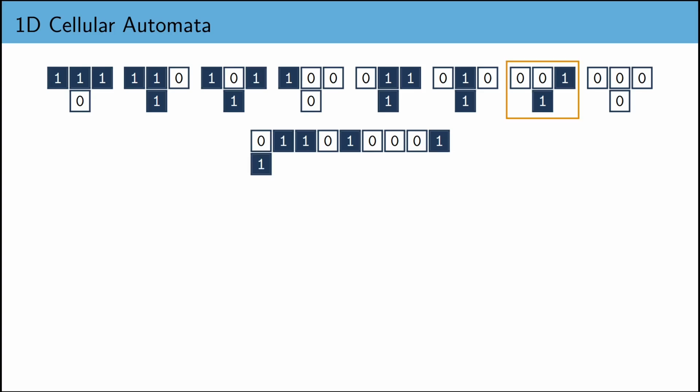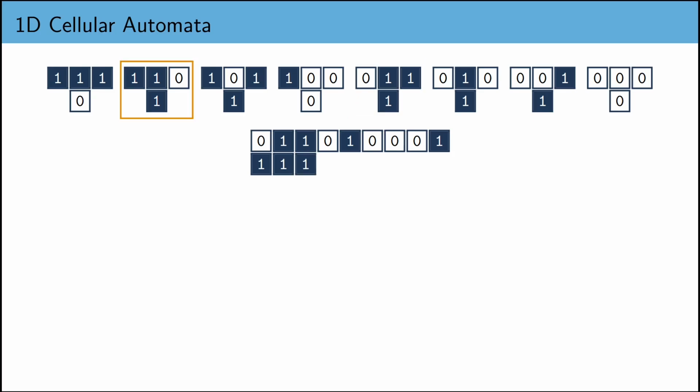The first cell becomes a 1 because the cell to the left is considered a 0 because it's off the end of the tape. The cell itself is a 0, and the cell to the right is a 1. And we look this up on our rules, and that tells us that the cell should become the number at the bottom of the boxed T. For the second cell of the tape, the cell to the left was 0, the cell itself was 1, and the cell to the right was 1, so the cell remains a 1.